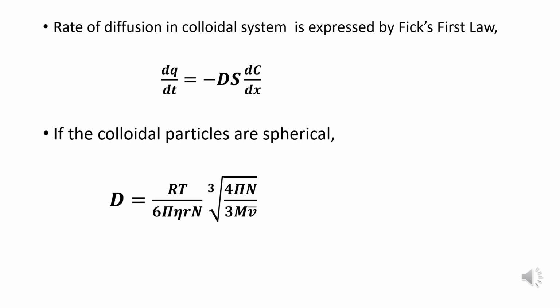The negative sign indicates that diffusion occurs down the concentration gradient, that is from high to low concentration. This equation tells us that the diffusion rate is proportional to both the concentration gradient as well as the surface area.